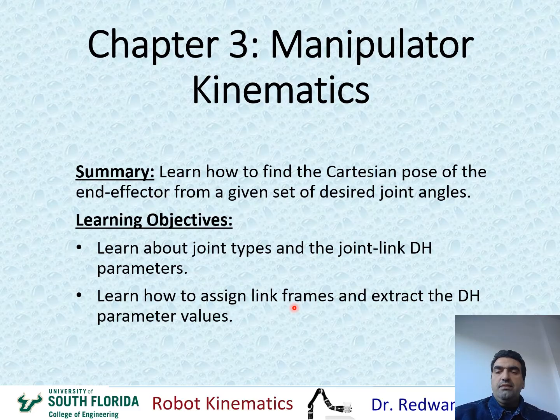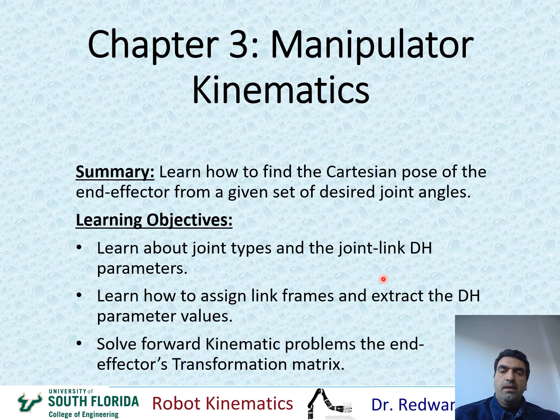We'll assign XYZ frames to each link from the ground frame all the way up to the gripper, and then see how we can extract the DH parameters from these frames. These DH parameters are the same as the 4 parameters for joints and links that we're going to talk about later on.